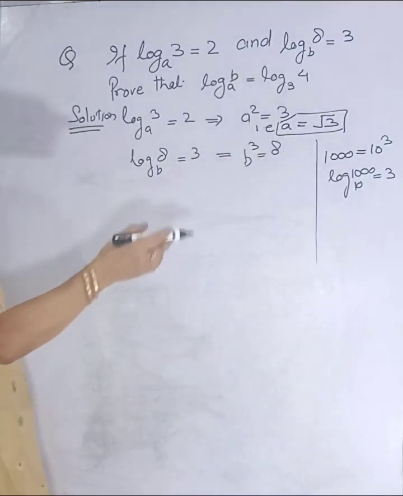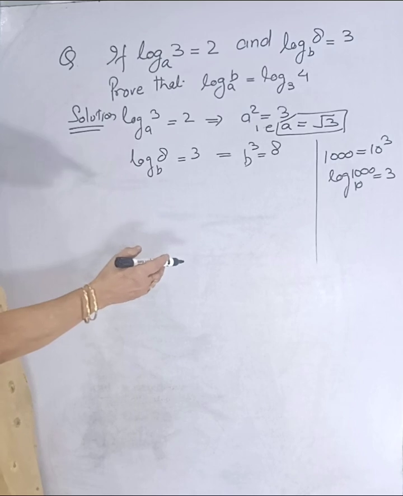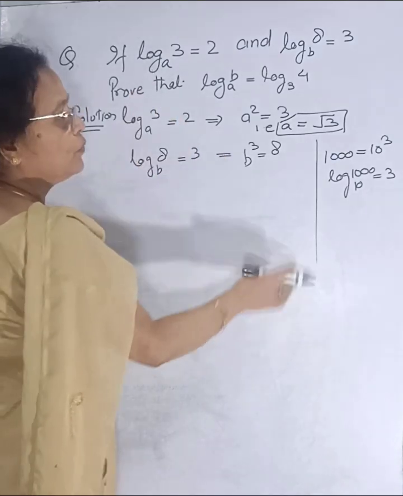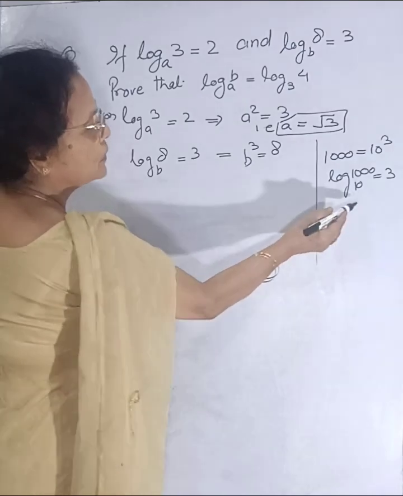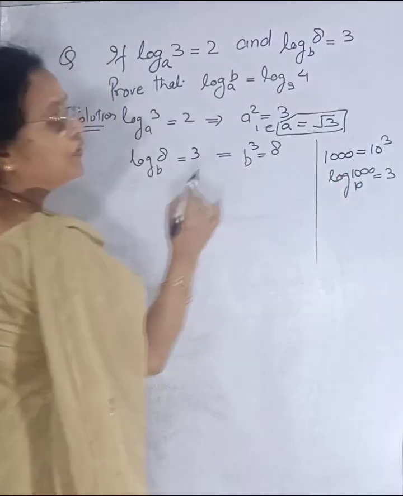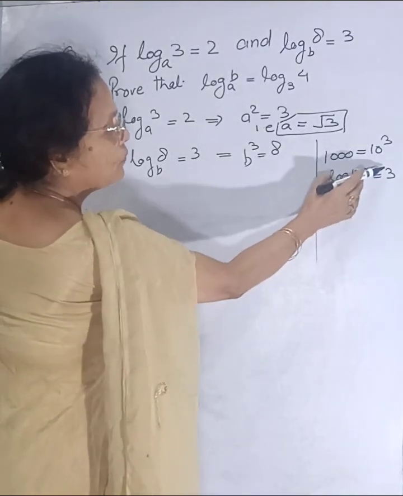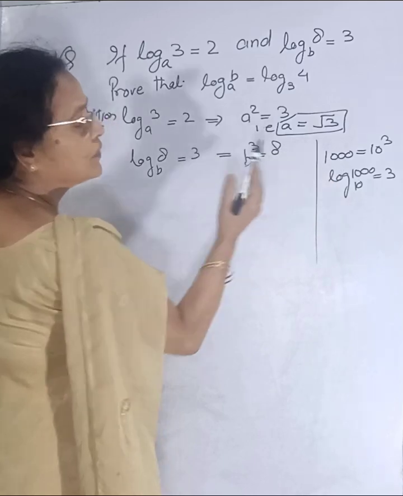In the form of log we say that 1000 can be divided into three portions in the multiple of 10.